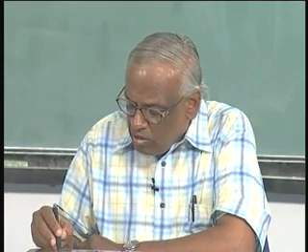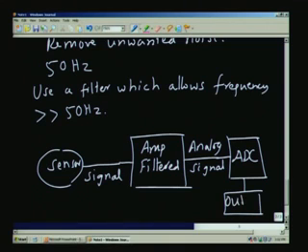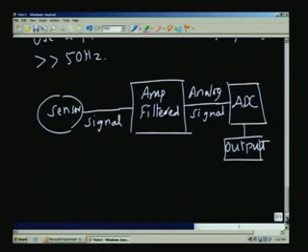Now, I have to convert it to a digital form. So, I require what is called an analog to digital converter, or ADC, and then this should be given to the output device. The output device may be a computer or a digital voltmeter, whatever the type of instrument.